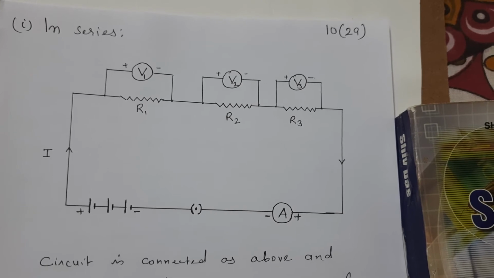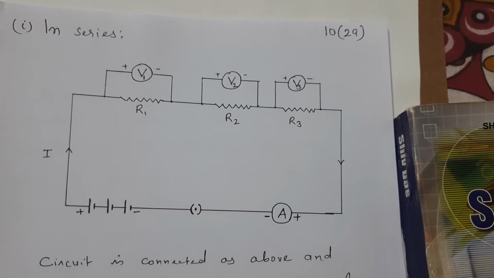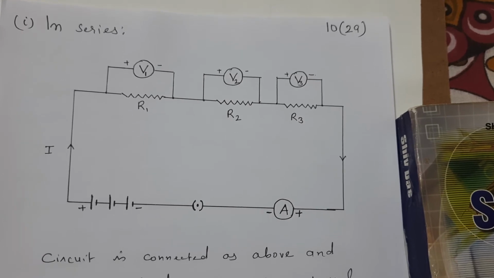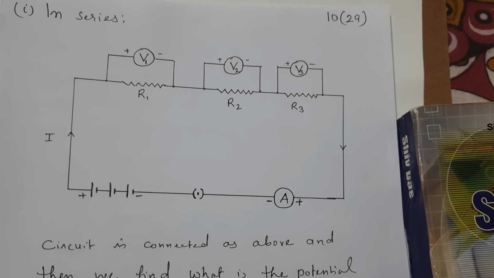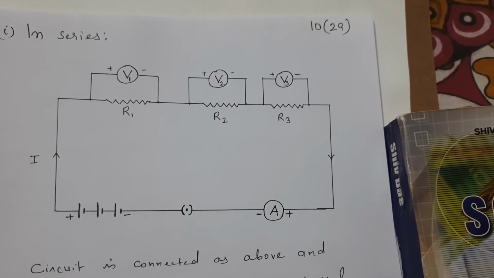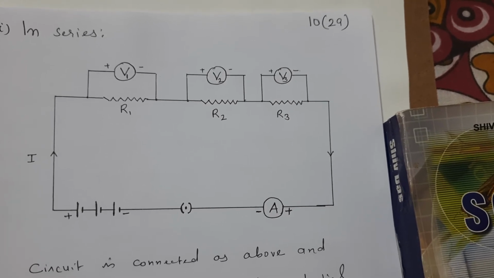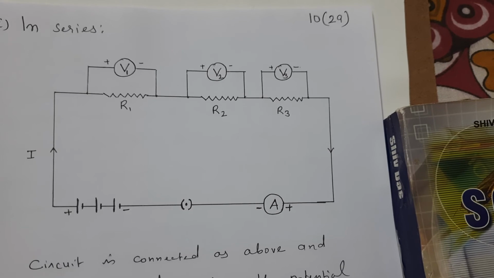Now here you can see the circuit diagram. The circuit diagram is a must before you derive the particular formula for series connection. So here you can see the same circuit which we have seen earlier has been drawn.